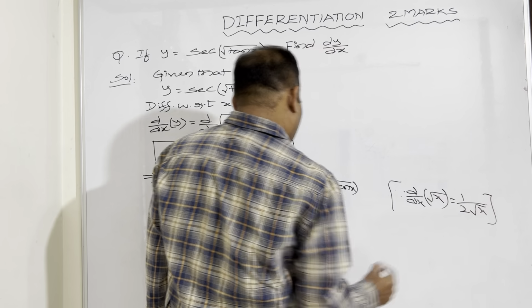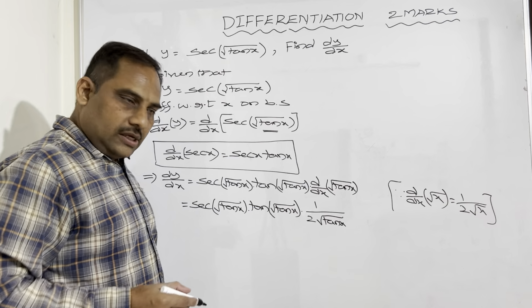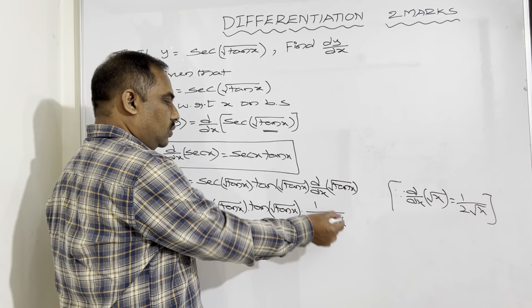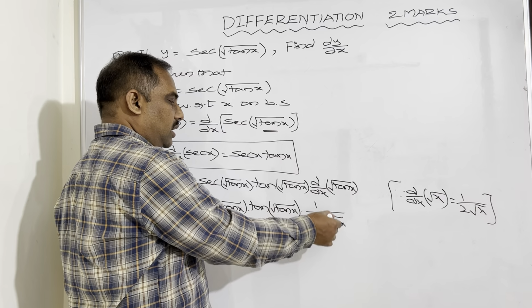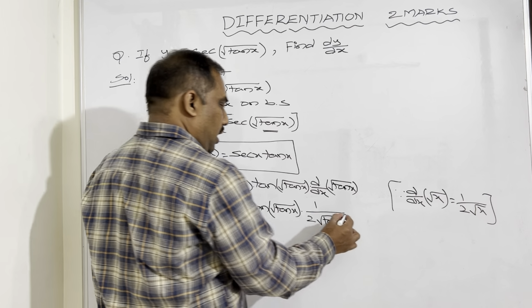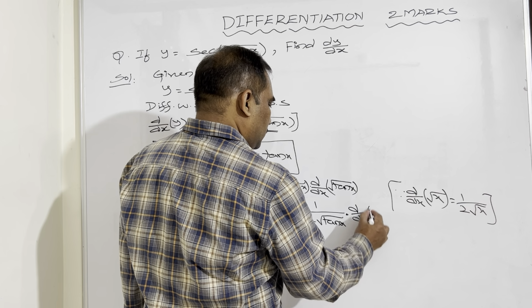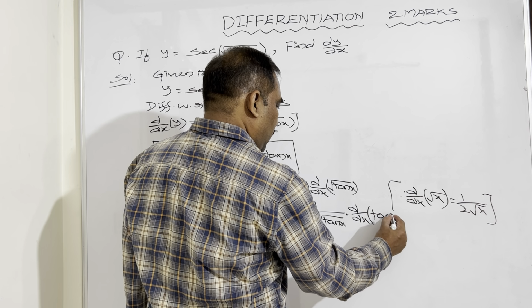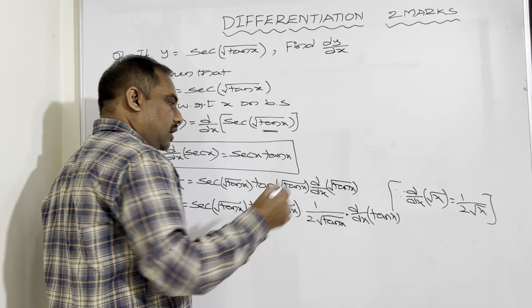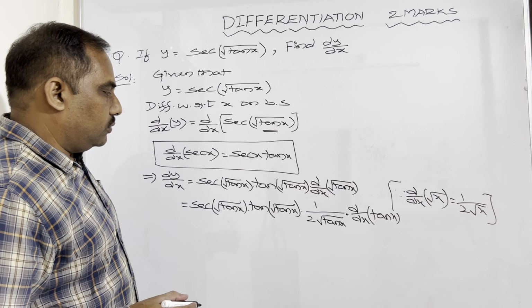So the derivative of root tan x is 1 by 2 root tan x, again into the derivative of x. That means the derivative of tan x also you have to do.